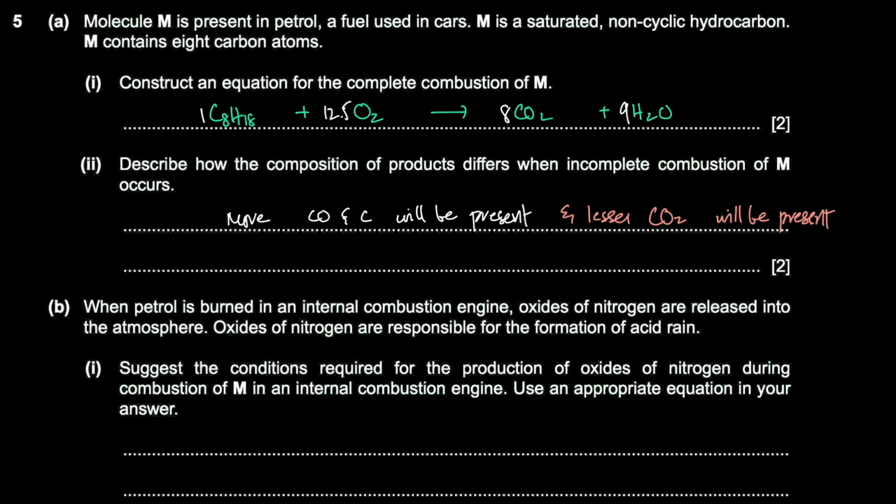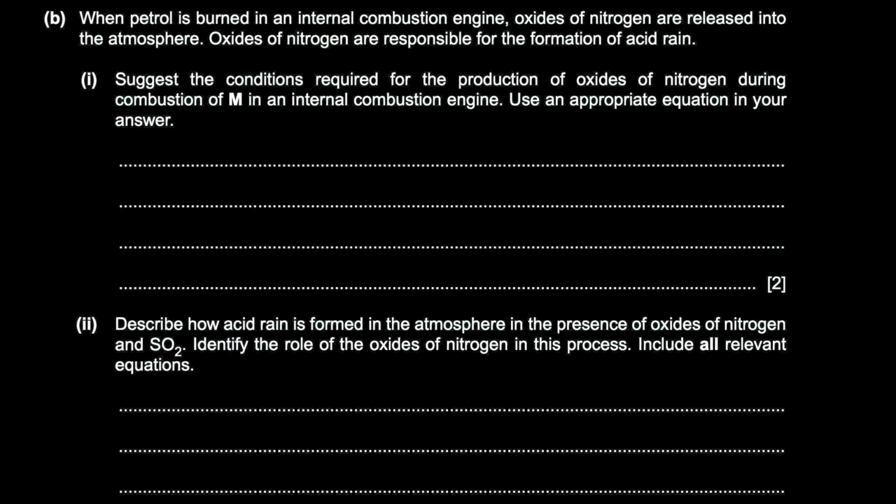When petrol is burned in an internal combustion engine, oxides of nitrogen are released into the atmosphere. Oxides of nitrogen are responsible for the formation of acid rain. Suggest the conditions required for the production of oxides of nitrogen during combustion of M in an internal combustion engine. Use an appropriate equation in your answer.